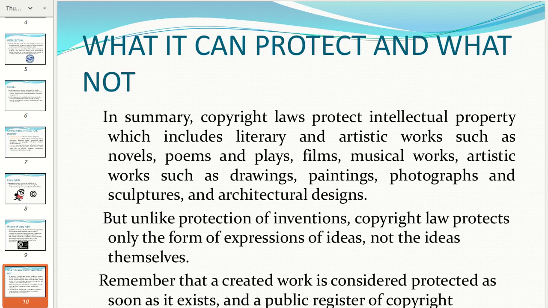What does it not protect? Unlike protection of inventions, copyright law protects only the form of expression of ideas and not the ideas themselves. So this is quite important to understand: only the expression of the idea is copyrighted. The idea itself is not copyrighted.